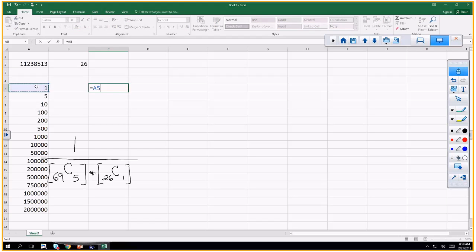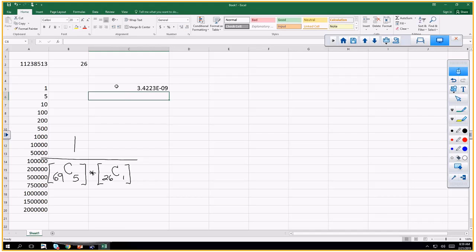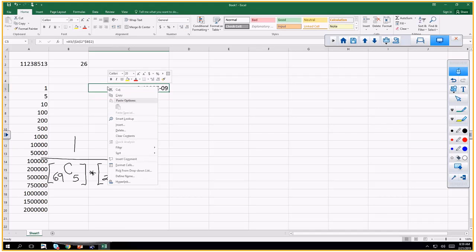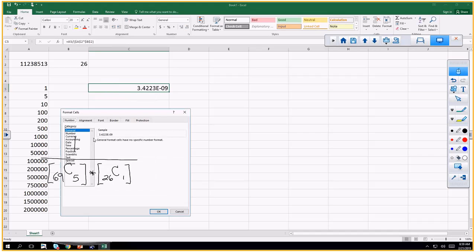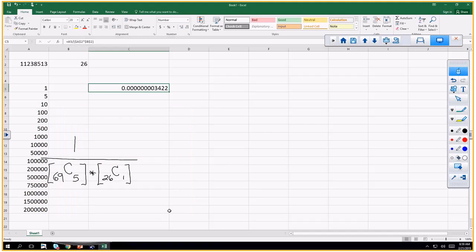Equals this number divided by parentheses this number F4 times this number, F4, parentheses. All right, that should be your answer, but we're going to change it. We're going to change this to format cells, number, and I'm going to take it to 10 digits, or 12. There we go. And then we're going to copy that down.